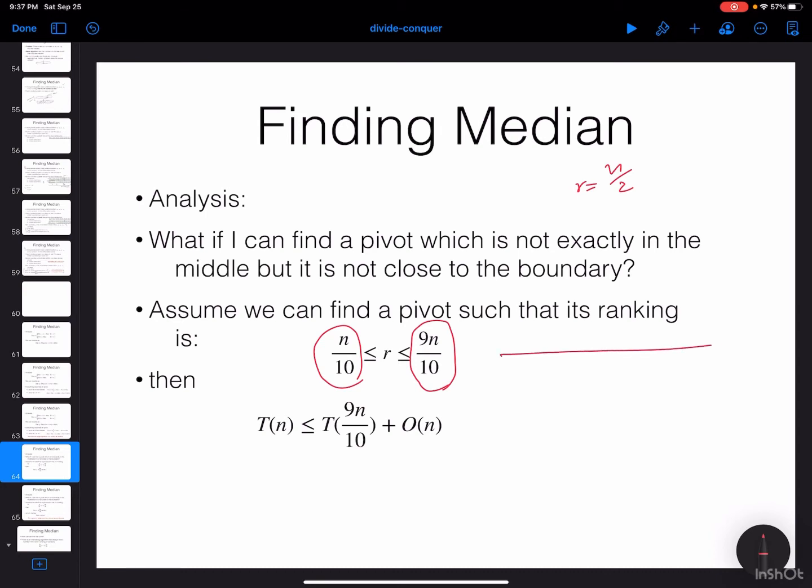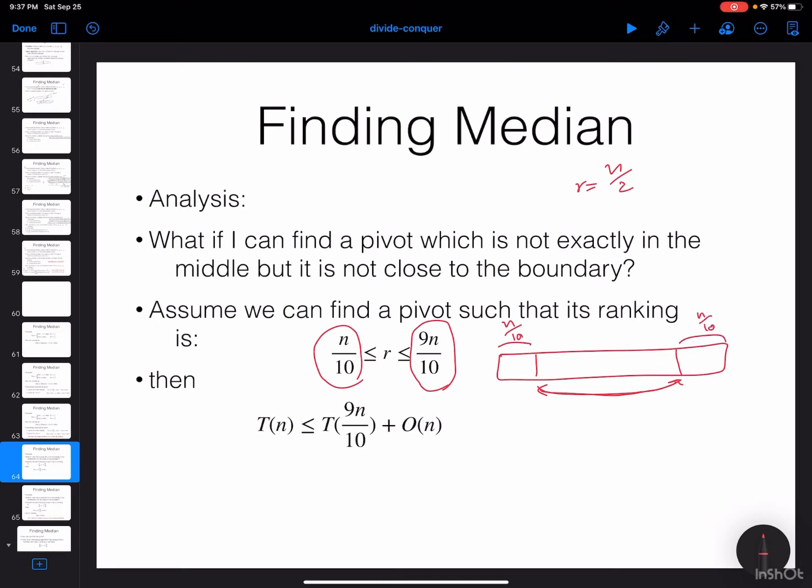So it's just like I am claiming that I can find a pivot value that is going to end up in this area, where this part is n-tenth and this part again is of size n-tenth.